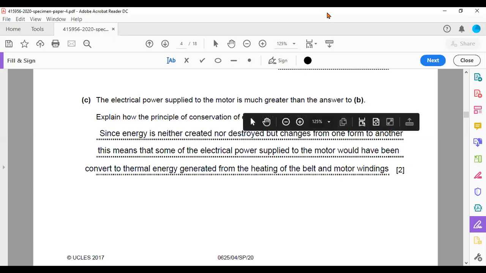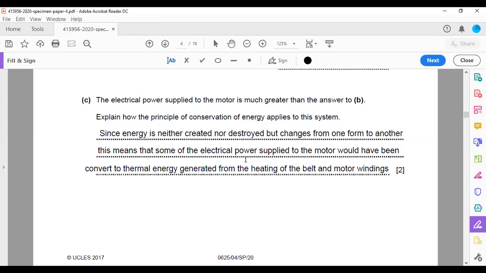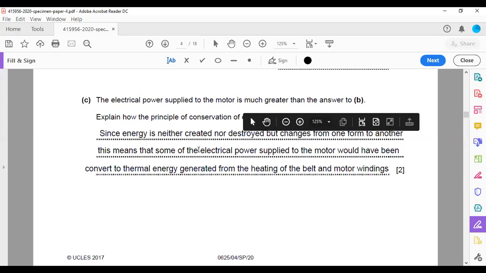But if you add this heat energy and the energy used by the motor, then definitely you're going to total the amount that is supplied at the beginning. Okay, everybody okay so far? Nice. We're moving on.